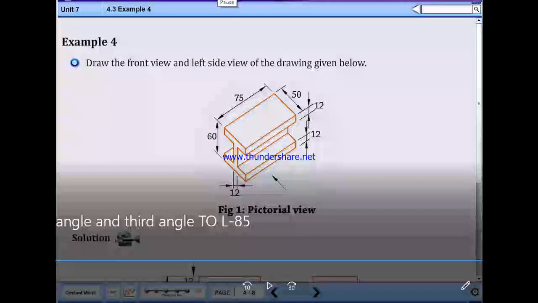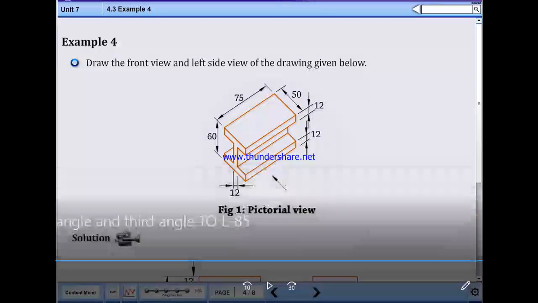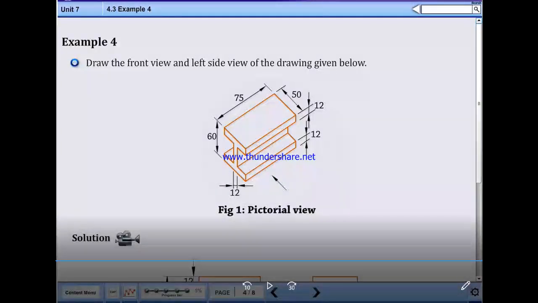This is the example problem which we studied, just completed. So first note down along with the dimensions.